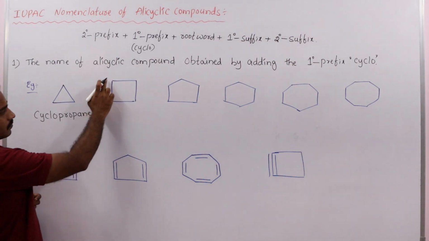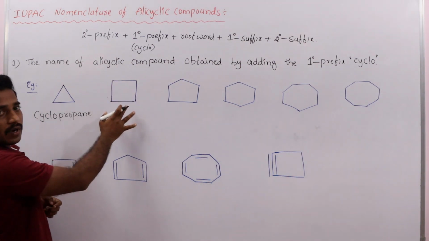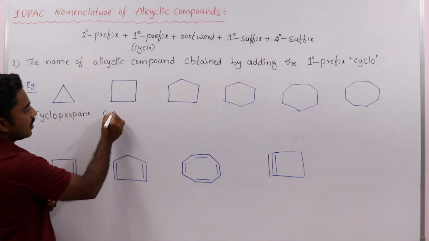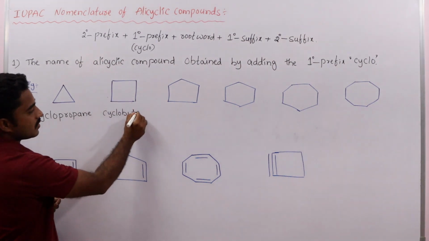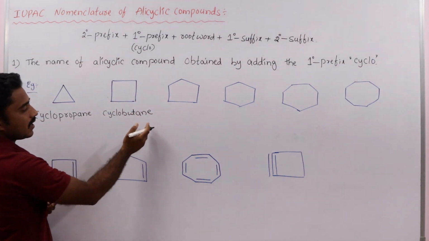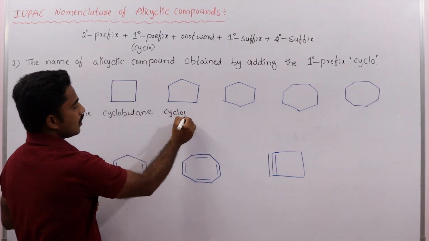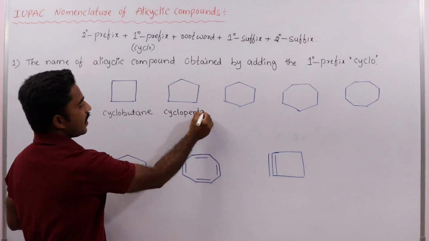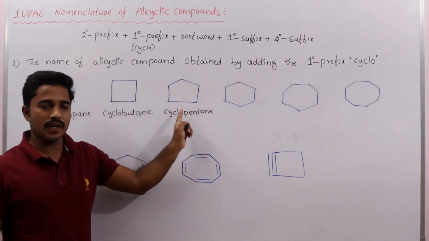When we come to here, 4 carbons are there in the ring, that means a 4-membered ring. That's why cyclo. Root word is but, because 4 carbons, saturated: cyclobutane. When we come to here, cyclopentane, because 5 carbons are there, a 5-membered ring.